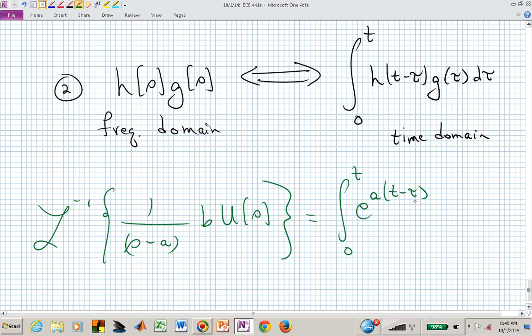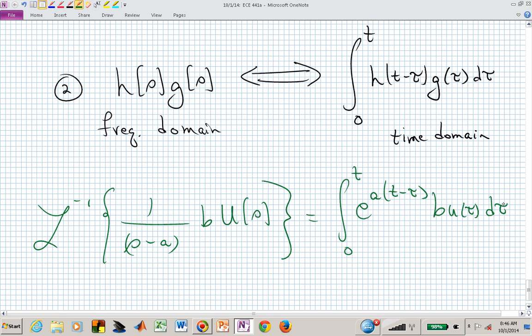t minus tau. The b is just a constant, but because we'll be dealing with matrices in a little bit, I'm going to put it in the right location. Even though it's a scalar, it could go anywhere. B times the inverse Laplace transform of u of s, which is just u of tau.